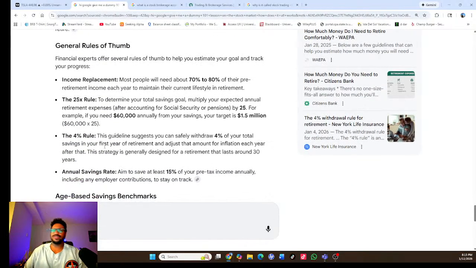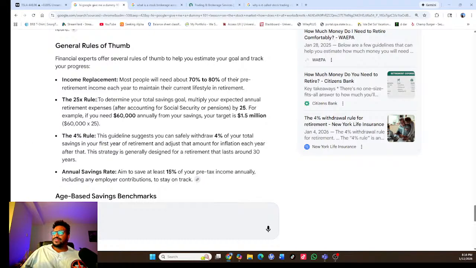There's all kinds of ways that people tell you to do it, but financial experts offer several rules of thumb to help you estimate your goal and track your progress. Most people will need about 70 to 80% of their income each year to maintain their current lifestyle in retirement.